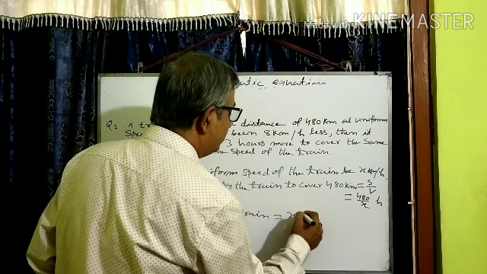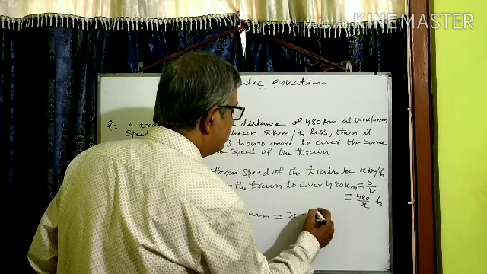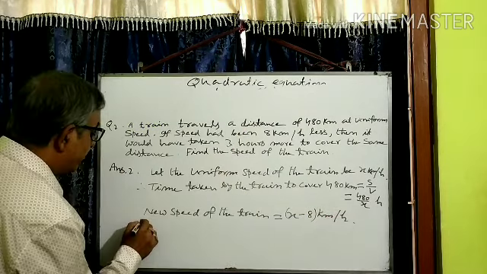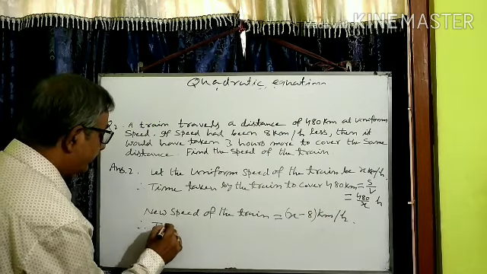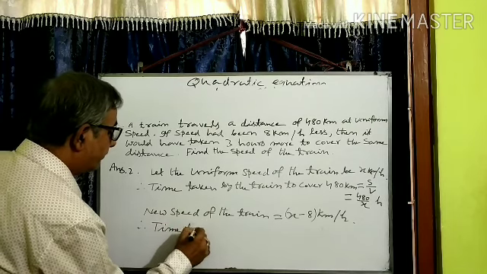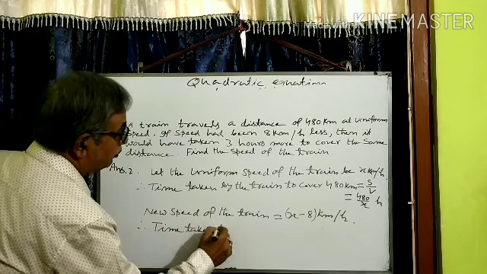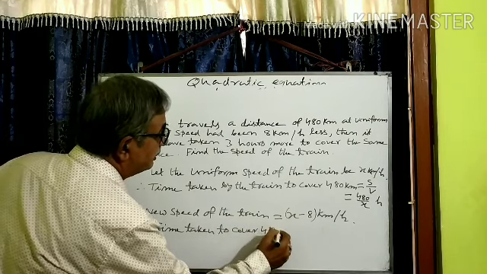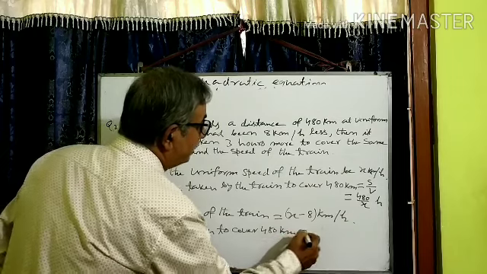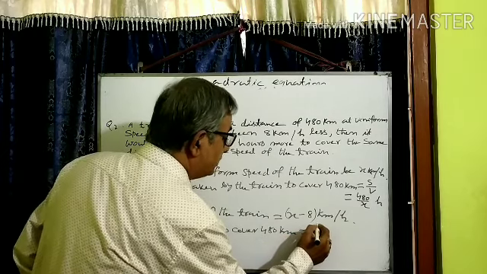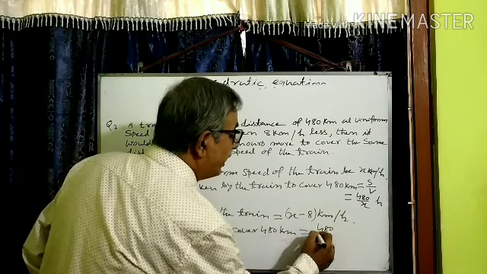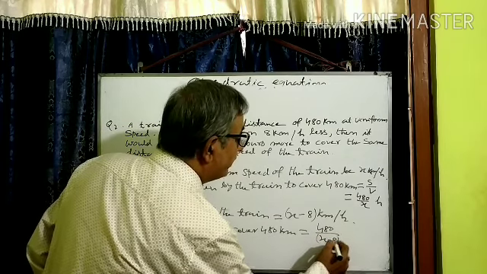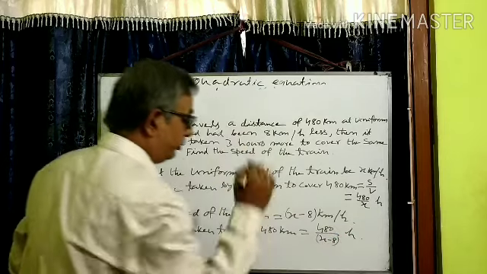Therefore, the time taken to cover 480 kilometers is equal to 480 divided by x minus 8 hours.